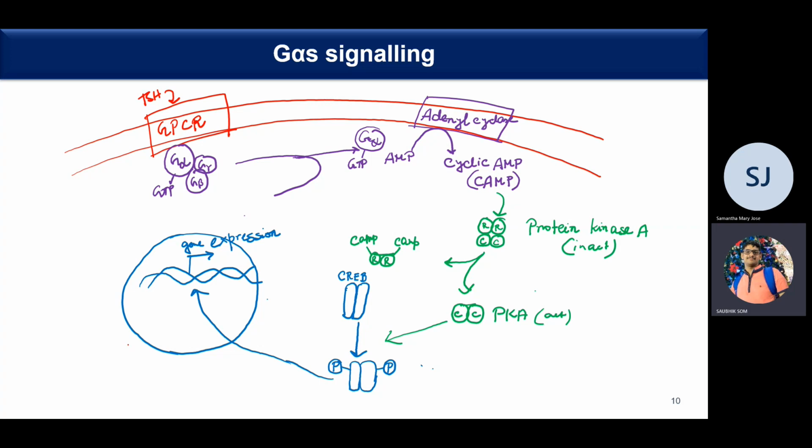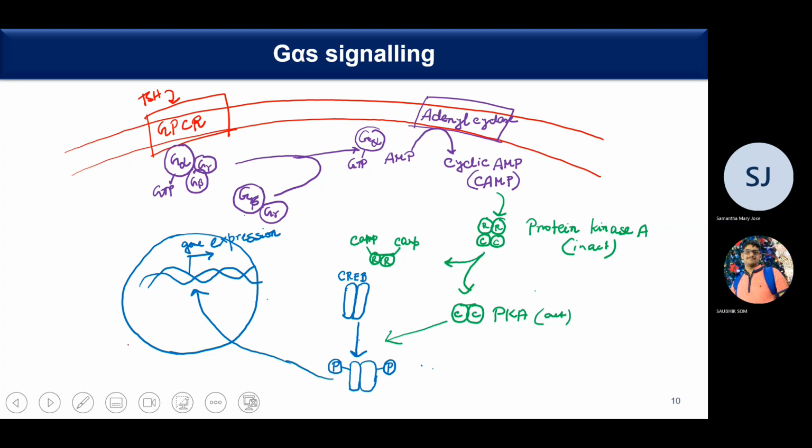Now remember, there is another signaling going on here, which is independent of the G alpha. There is a G beta gamma subunit, right? So what do G beta and G gamma do?